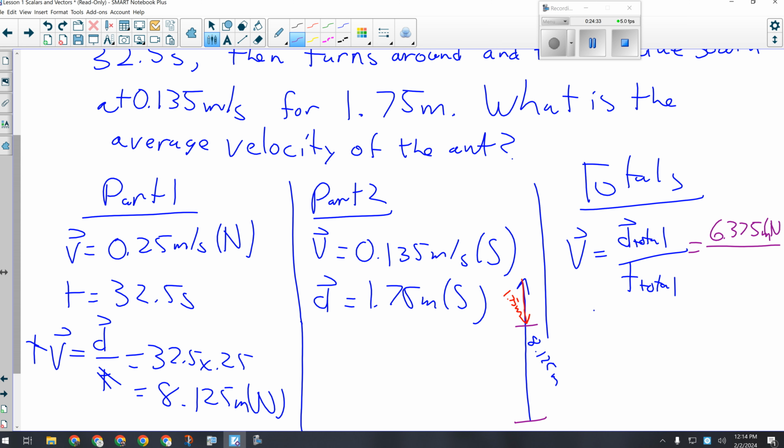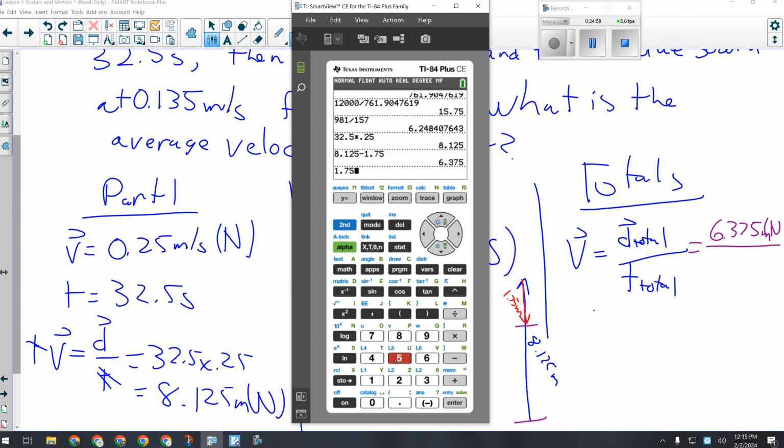Okay, I still need the total time. I haven't got the time in part two, but I can find it. Okay, if v equals d over t, and I want to get t by itself, I multiply both sides by t, and then I divide both sides by v. So that's going to be 1.75 divided by 0.135, okay, to get our time for part two.